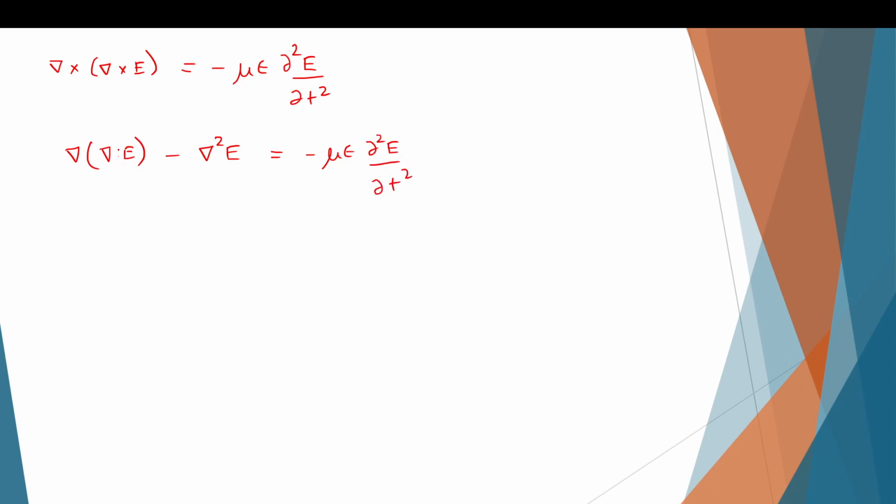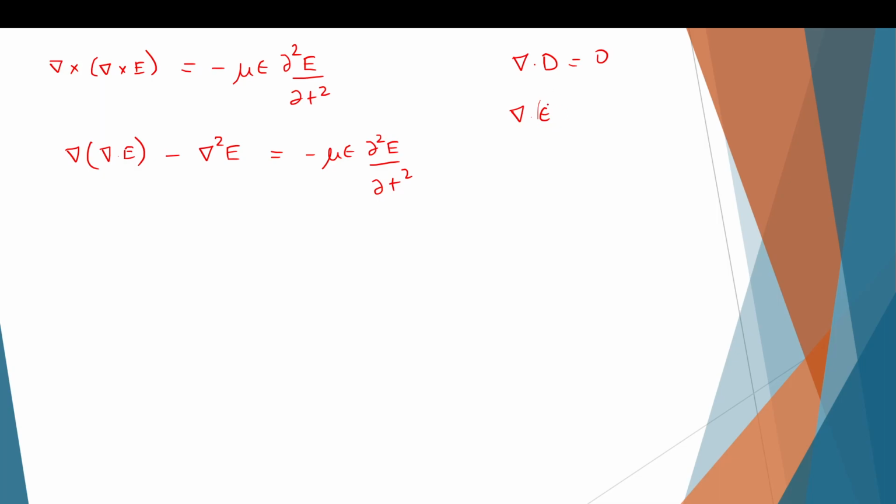Right, so now can I put this del dot E equal to 0 from Maxwell's equation? In Maxwell's equation we saw that del dot D is given to be 0. In general it might not be true that del dot E is also 0, since epsilon, like we saw in the previous case, might depend on the position.